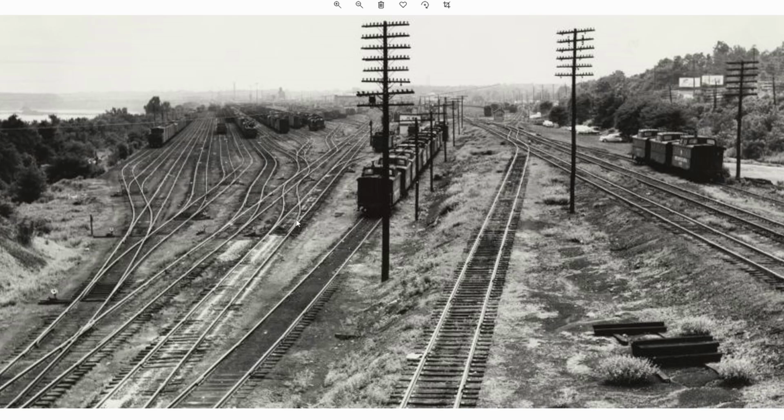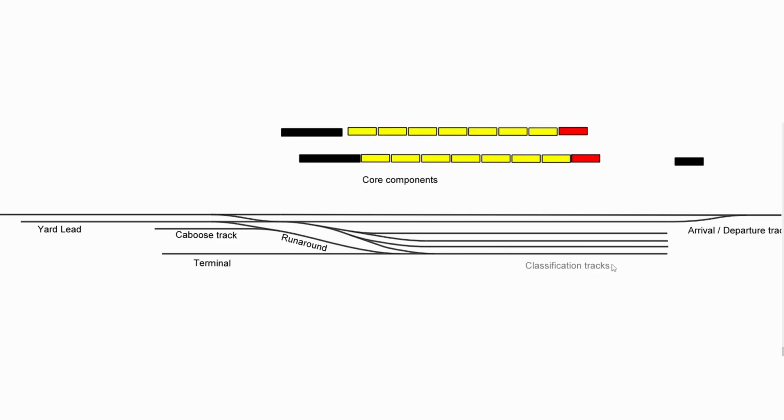So 1, 2, and then you see parallel to that is a caboose track right here. One thing I also see in the literature on stub-ended tracks like this is that the cabooses will actually be parked here on this runaround, and then this caboose track right here doesn't exist. That's a way to do it as well.